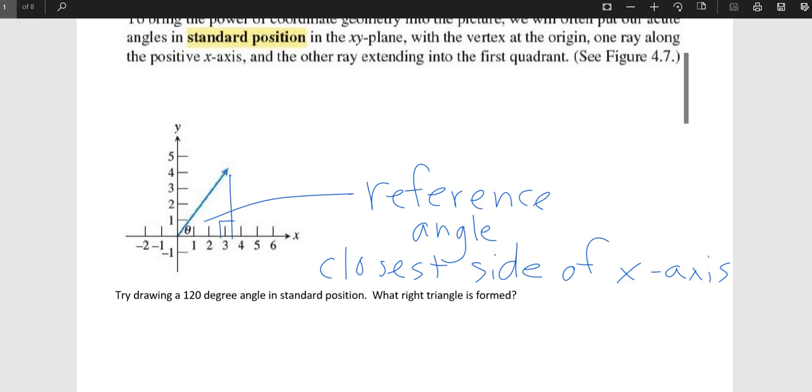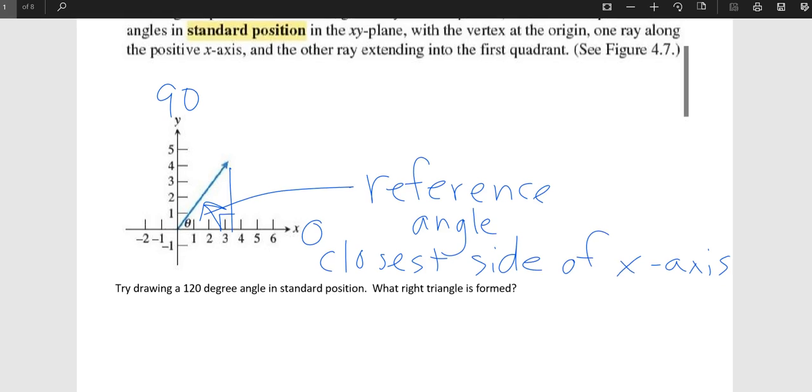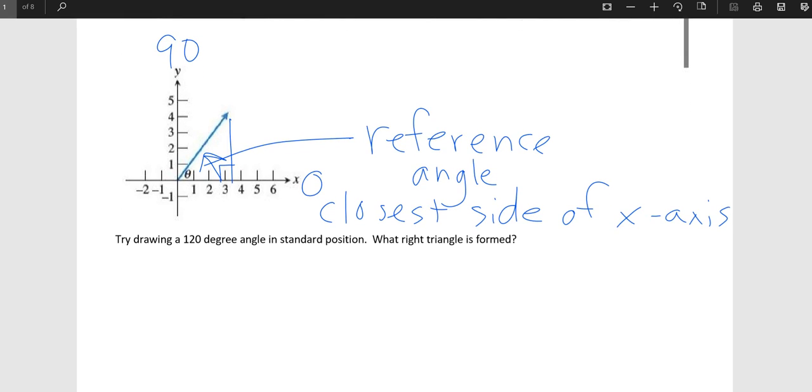When we draw our angles in standard form, we measure, we talked about this the other day. We talked about this being 0 and this being 90 and so forth. So where would you find a 120 degree angle? Would it be in quadrants 1, 2, 3, or 4?